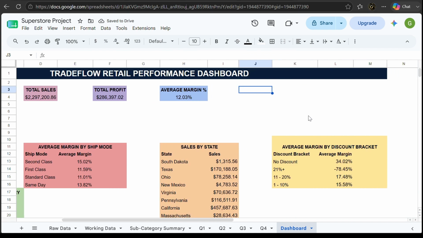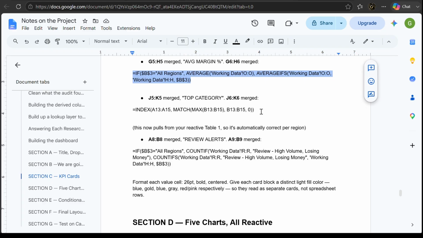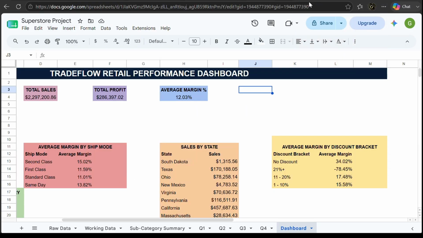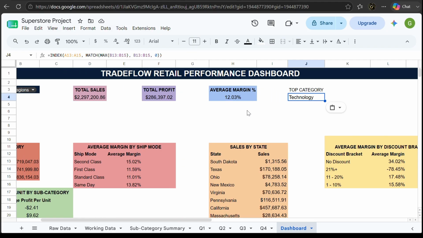Then I'm going to create another KPI here. The next KPI I'm going to create is going to be top category. I want to know my top category. So I'm going to say Control C, and then top category, and then Control V. Top category is definitely technology, right?